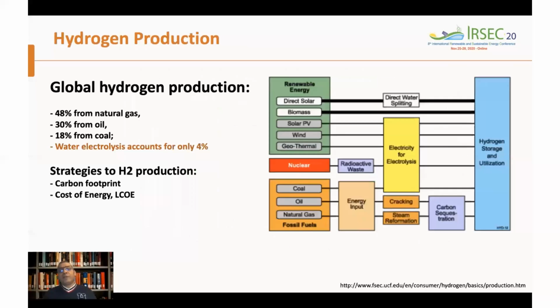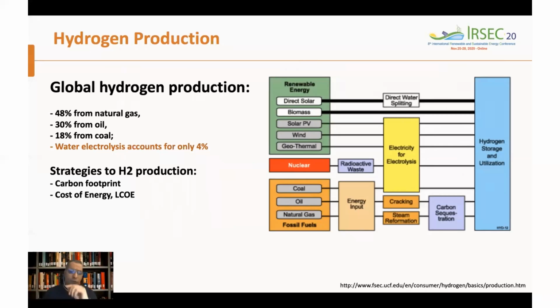So, for instance, if I show you now the hydrogen production and the different routes used to produce hydrogen. Again, it's too bad for us. It's still fossil energy that is the source of producing clean energy hydrogen.